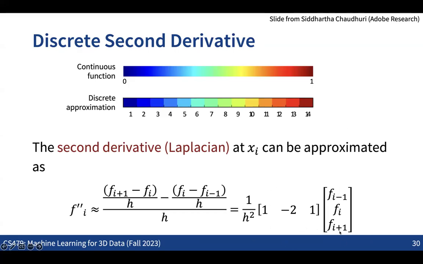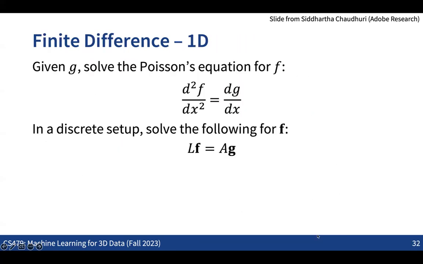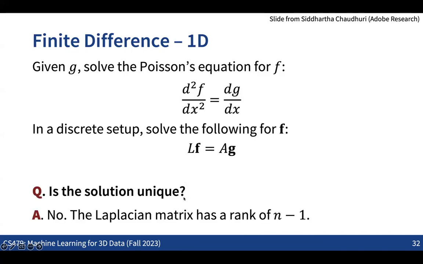Because we need the points near each of the required points, which means that the Laplacian cannot be a full rank matrix because we do not have the information at the ends, right? So the L matrix becomes a non-full rank matrix, which means there is no unique solution. There will be an infinite number of solutions, right?